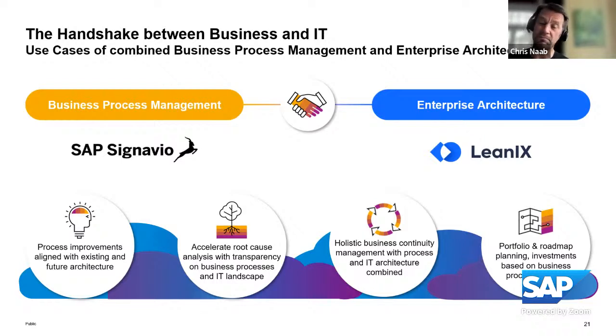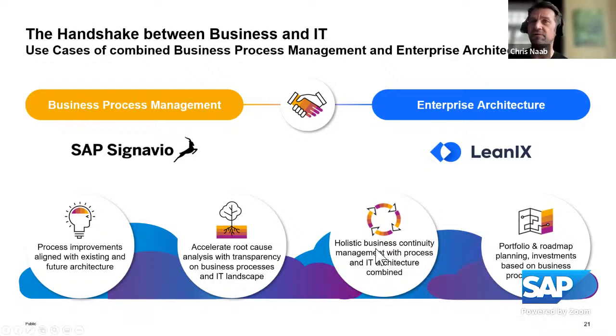Now, if we're combining the perspective of business processes and applications, then continuity management truly becomes holistic, and we can make much smarter decisions on where to invest and how to manage uptime better, and how to manage those KPIs that matter.